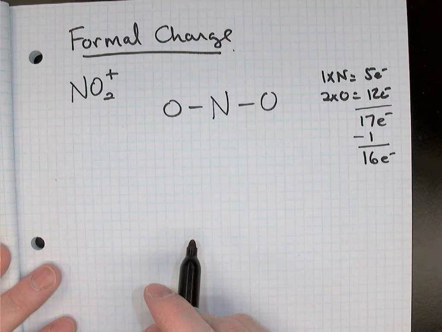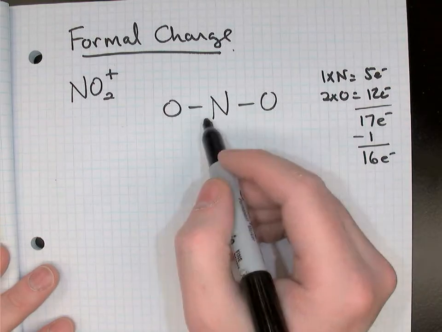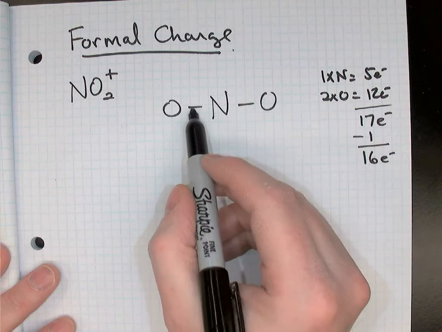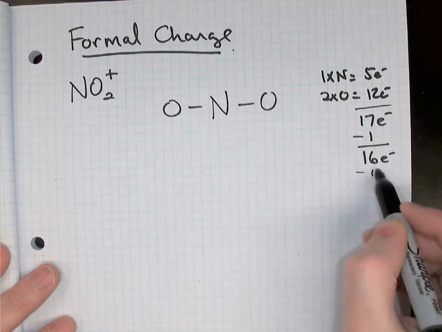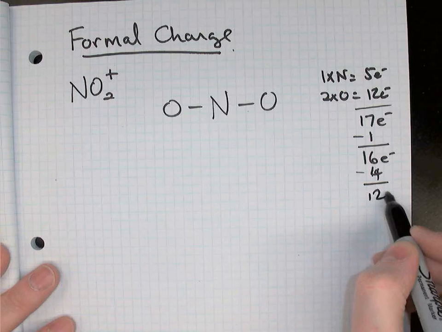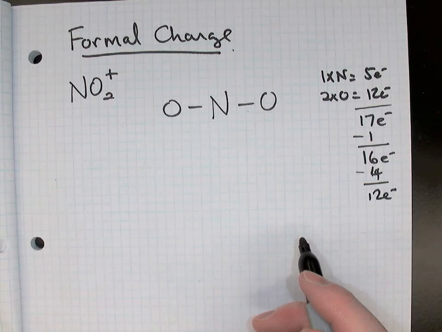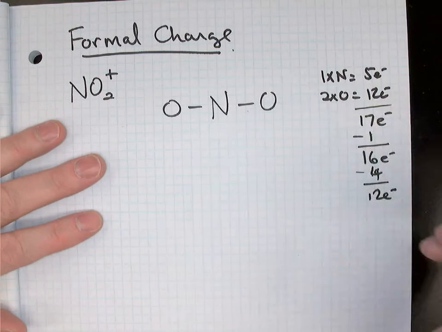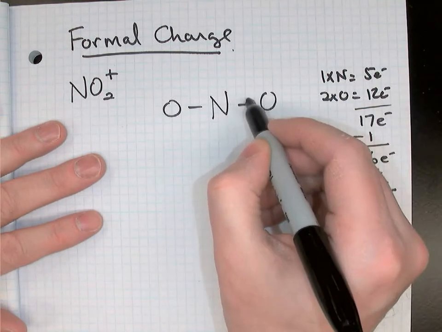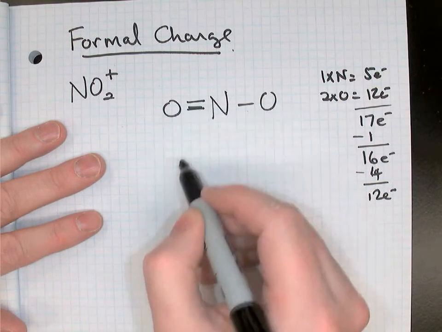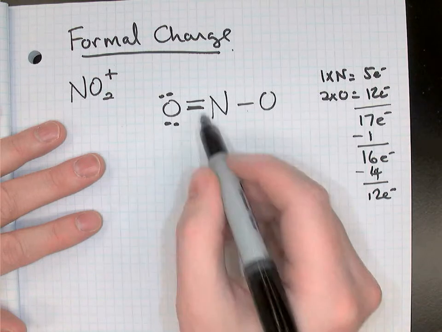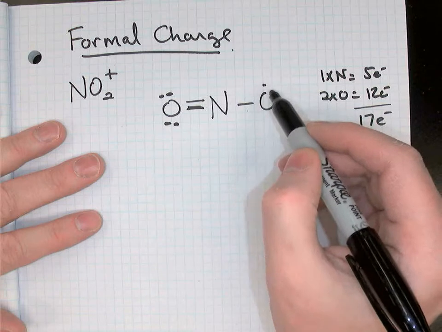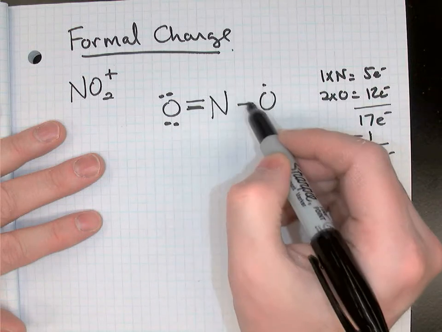If we try drawing the NO2 molecule with 16 total electrons, we have 4 already, so we've got 12 electrons remaining. If we try to distribute them symmetrically around the molecule, what do we come up with? Well, if I try giving a double bond here, and let's give him his octet, so 2, 4, 6, 8 electrons, and over here we have a nitrogen atom with another double bond.